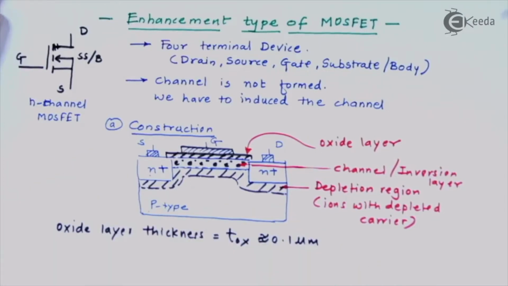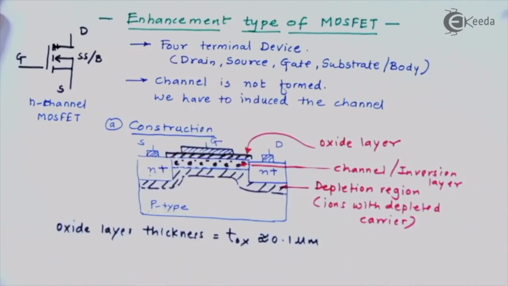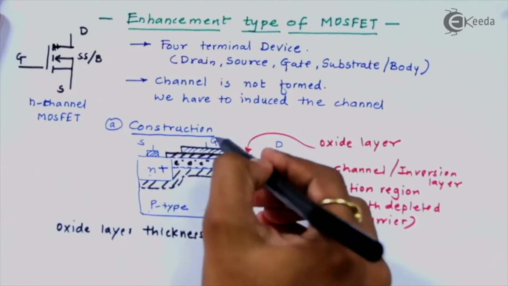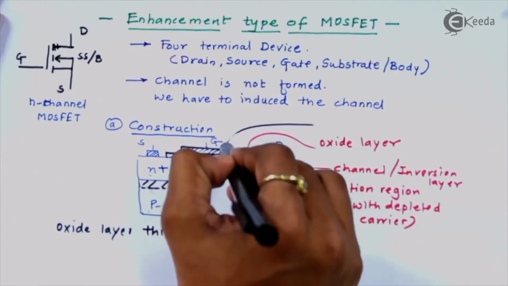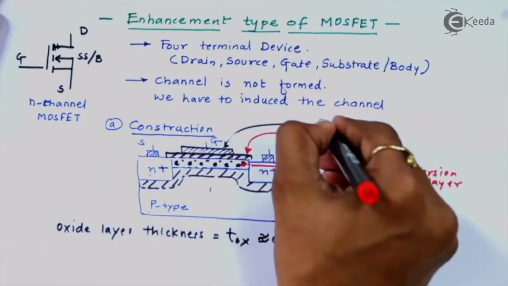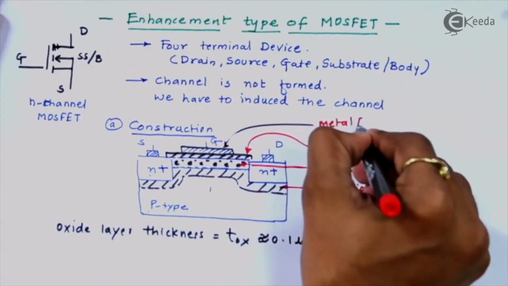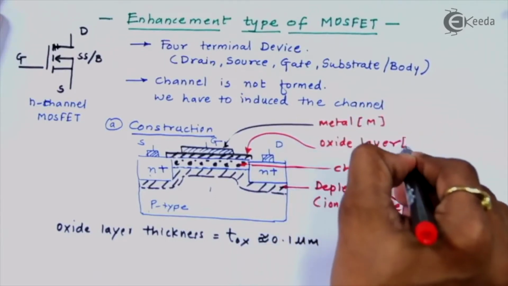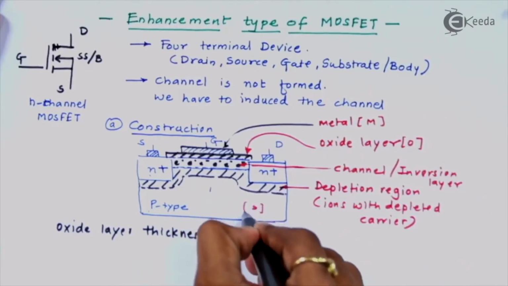The question arises: if this is the oxide layer, then is this a MOS structure? Yes, where this particular part is nothing but your metal. So I can say that this is M, this is O, and this is S.